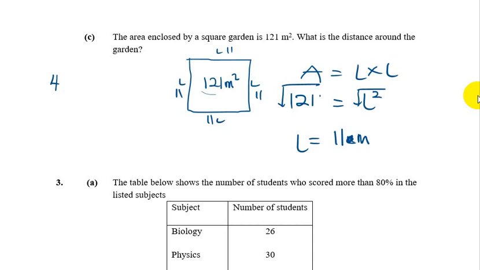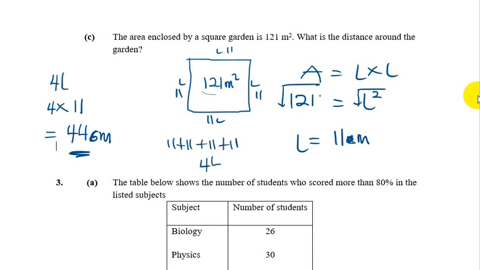So it will be 4L, and we know L to be 11. So it will be 4 times 11, and that will give us 44 meters. Someone may also say that I'll add 11 plus 11 plus 11 plus 11. So we will get 44 meters. So that is that for the C part of question 2.